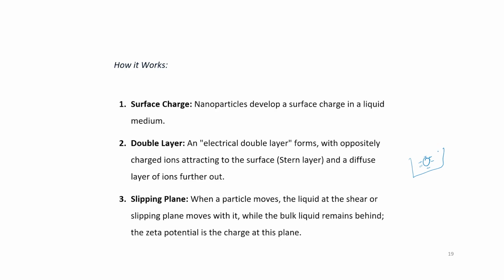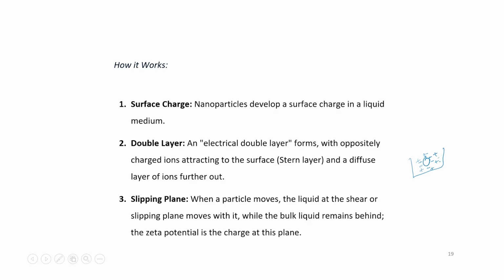Okay. So, oppositely charged ions will come and attract to the surface and form a Stern layer. So, some oppositely charged particles will come and form a Stern layer around this, and an electrical double layer is being formed. Okay. And a diffuse layer of ions is further out.